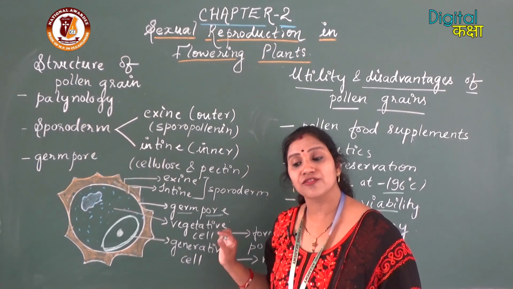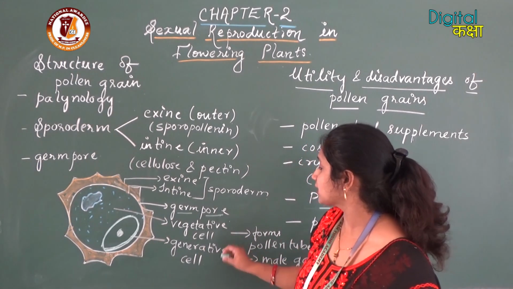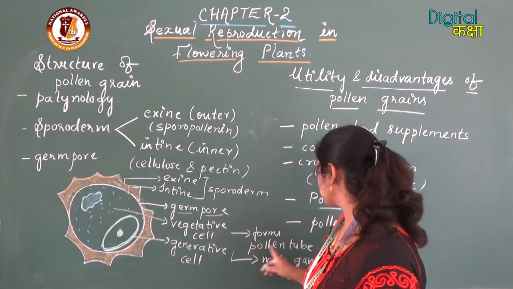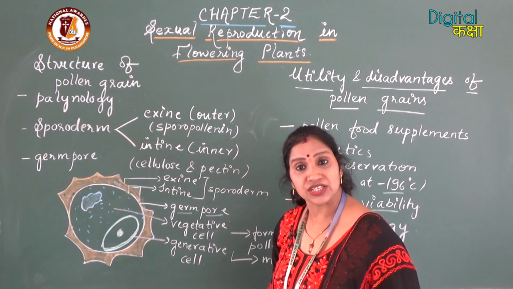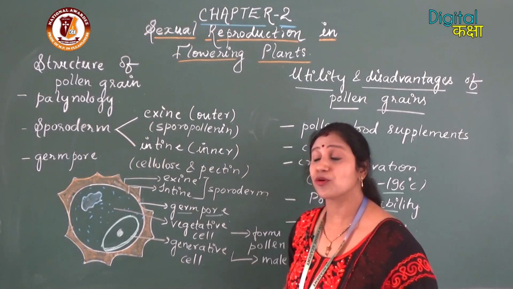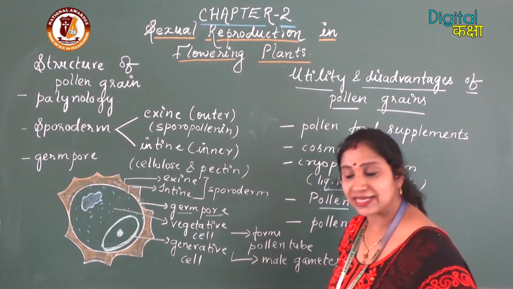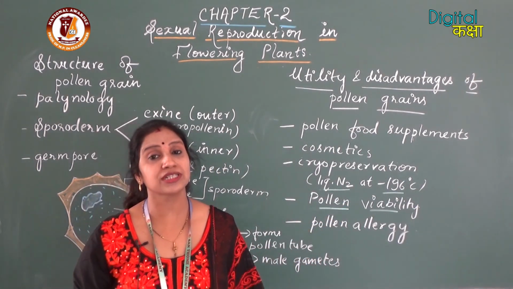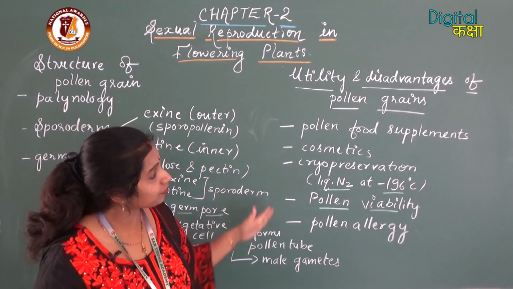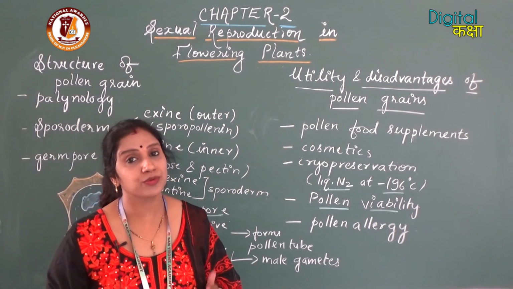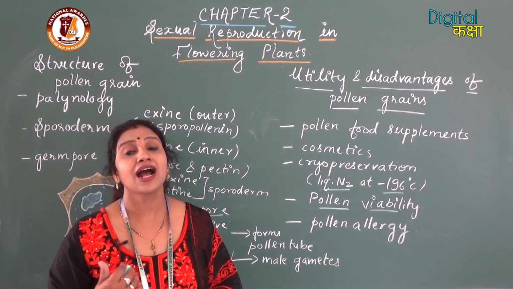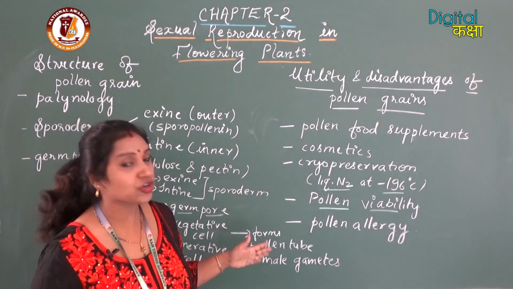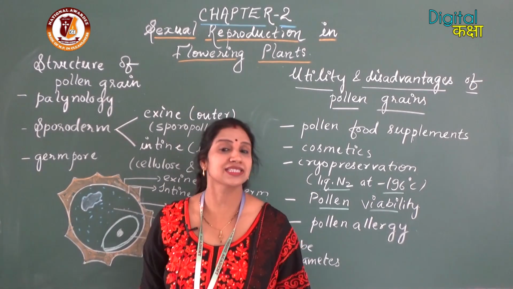The vegetative cell is involved in formation of the pollen tube, and the generative cell is involved in the formation of the two male gametes. After that, we discussed the utility of pollen grains and their harmful effects. So this entire topic we have covered in this class.